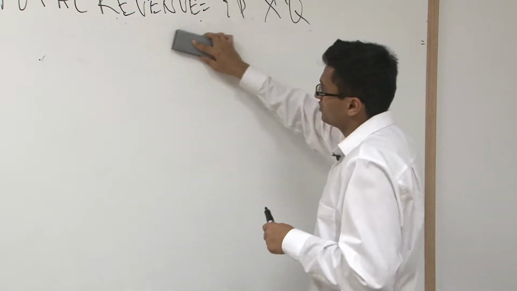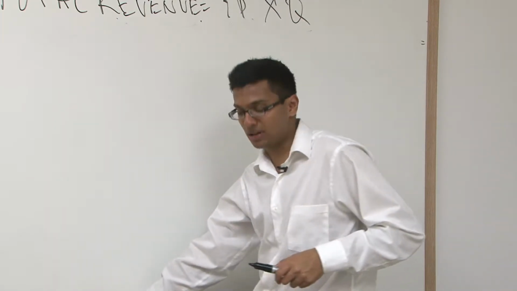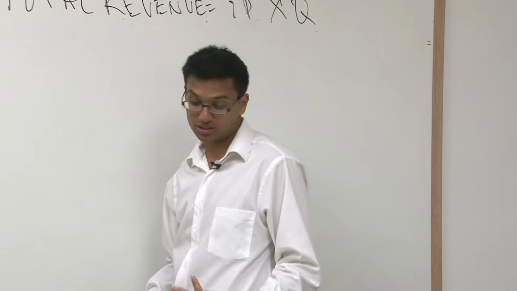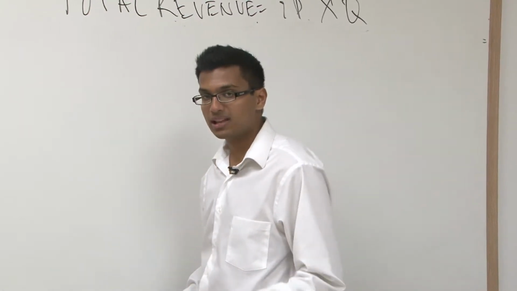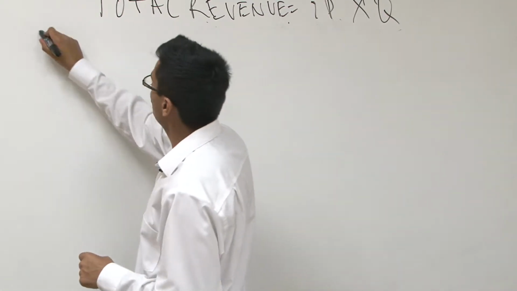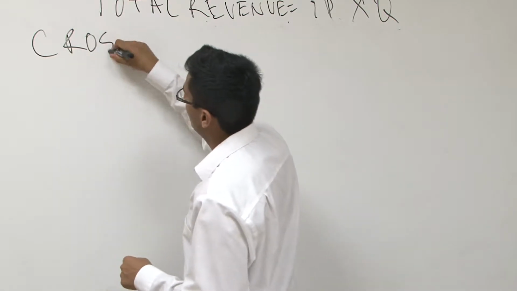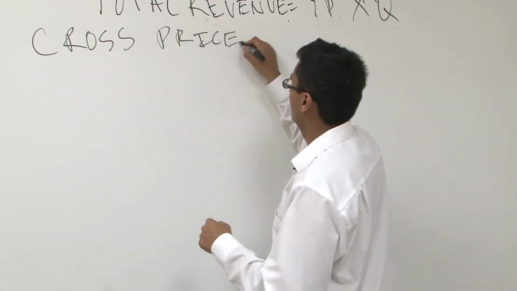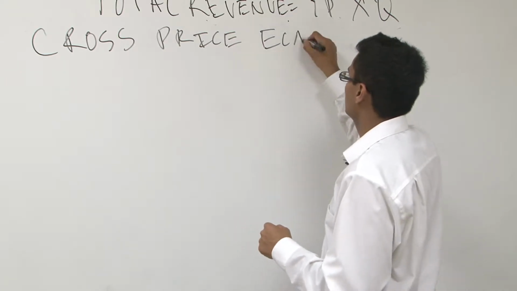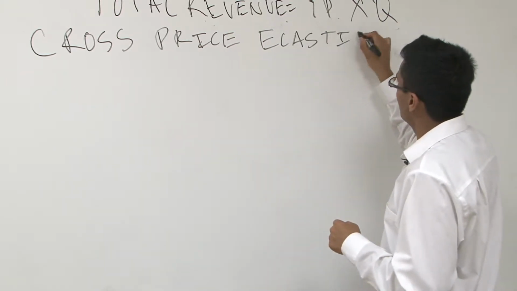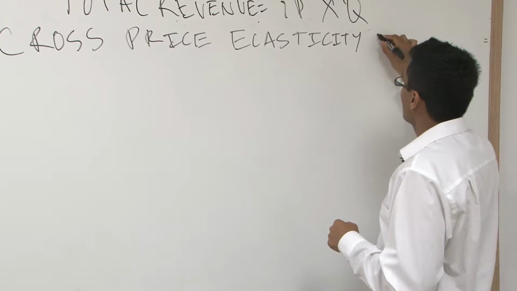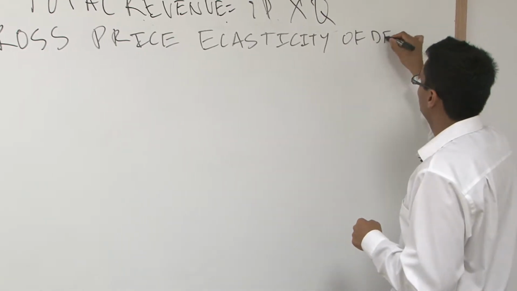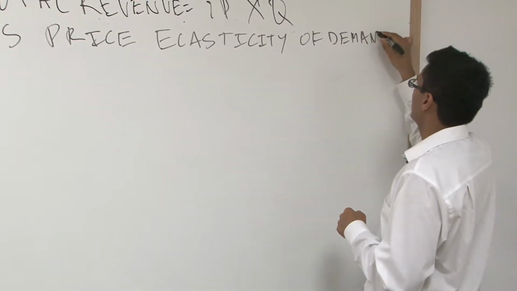There's a lot of fancy analysis that goes behind this concept, but cross-price elasticity of demand, I'm going to write this down, is extremely important. Let me write the equation, and then I can explain to you.